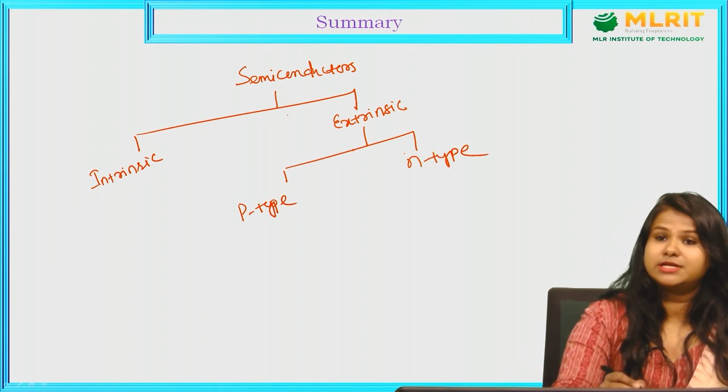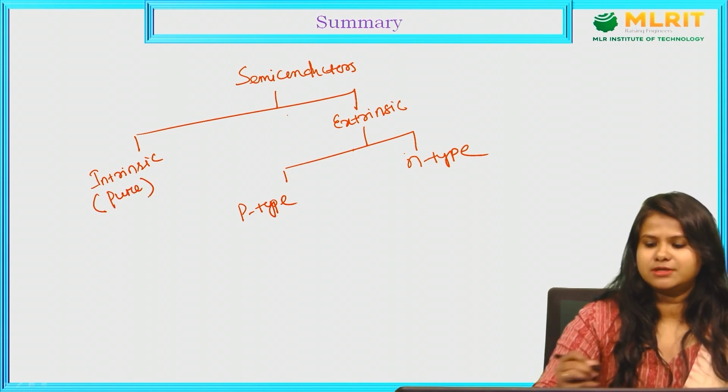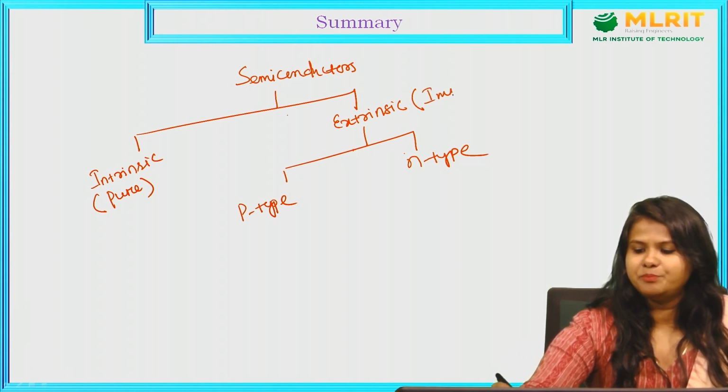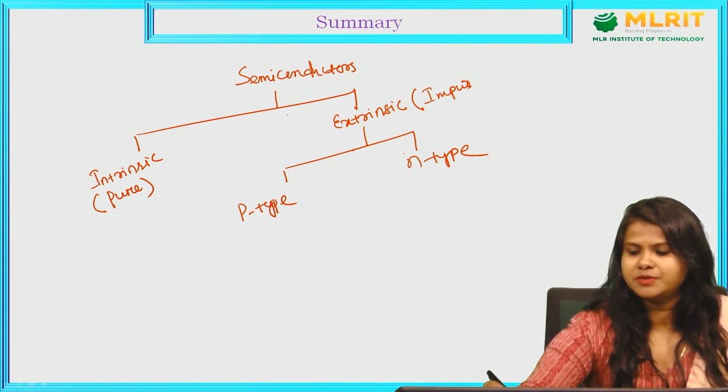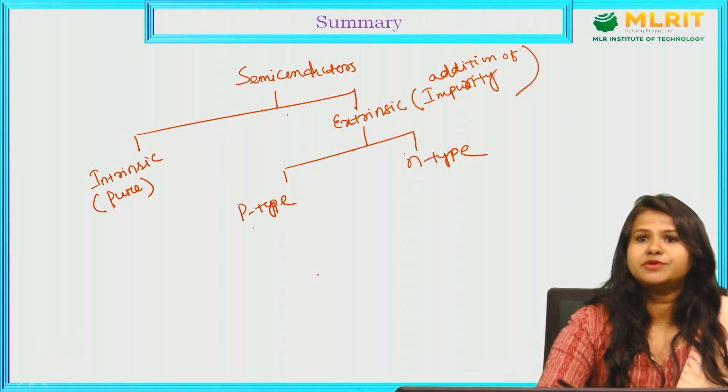Intrinsic semiconductor is nothing but the pure form of semiconductor. In extrinsic semiconductor, we are adding impurity. By addition of impurity, we get extrinsic semiconductor. In p-type, which impurity are we adding?